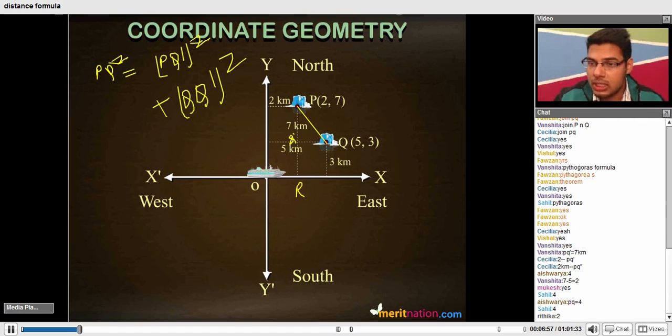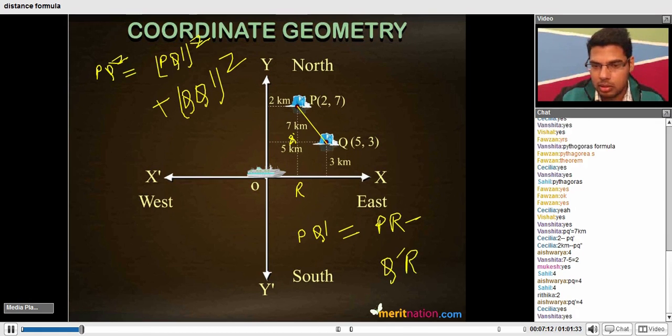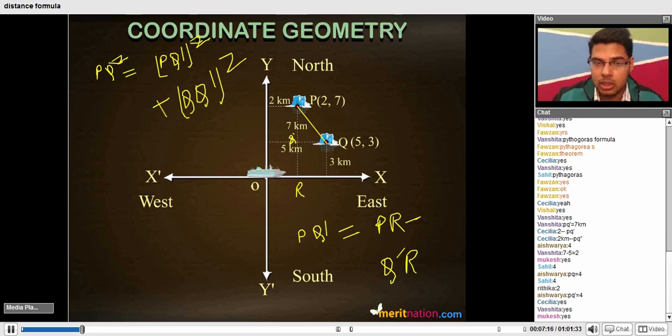PQ dash is nothing but, can I say, PQ dash equals PR minus simply Q dash R? Yes. And that is equal to 7 minus, so what is this distance Q dash R?